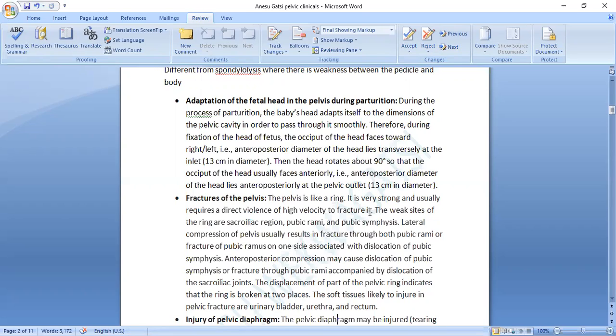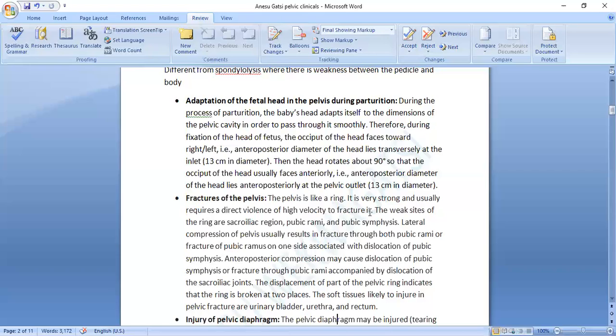Then the sacroiliac joint, normally being a synovial joint, ends up being fibrous in old age, which is why those in their late 50s and 60s assume that stoop position in walking.